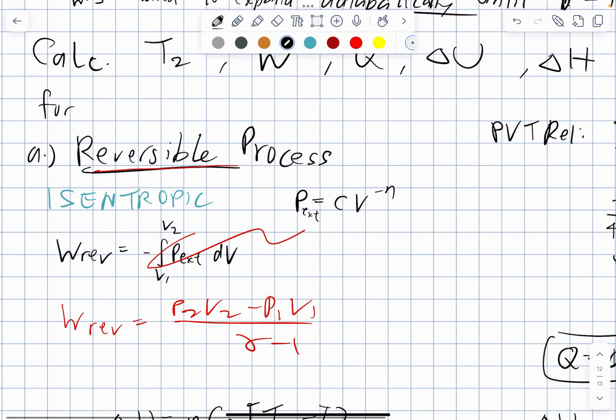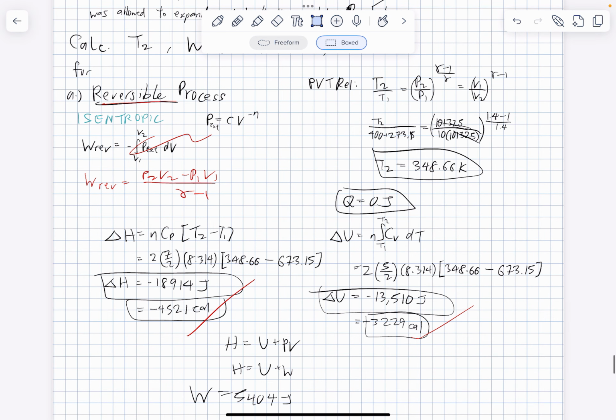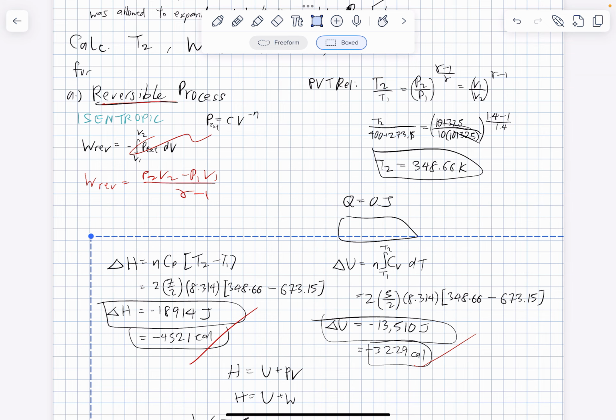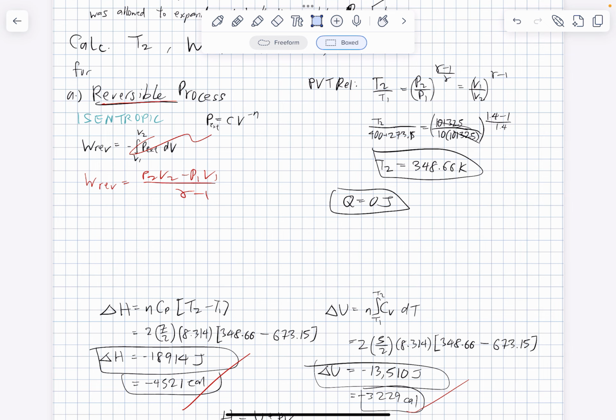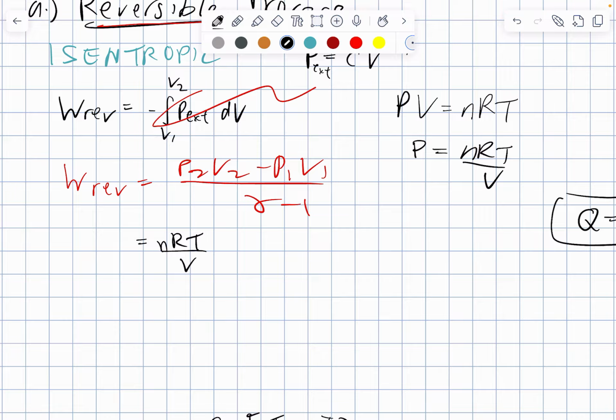So how do we have pressure? Yes, we do, but not the volume, no? We don't have volume 1 and 2. So what do we do? Remember, in the ideal gas equation of state, PV equals nRT, no? So P equals nRT over V. So P2 could be expressed as nRT over V2.